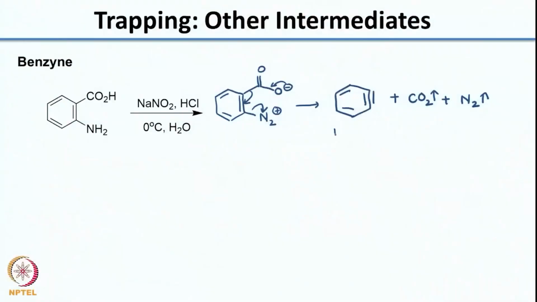So, you need a good reagent to trap the benzyne, and benzyne we have studied is an intermediate when you look at nucleophilic aromatic substitution reactions. But benzyne is also a very good dienophile for the Diels-Alder reaction. So, if you react this with a highly reactive diene, you will be able to form the Diels-Alder adduct, and what has been used to trap the benzyne is furan.